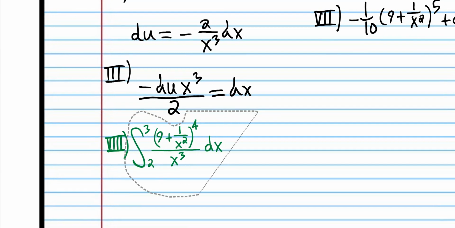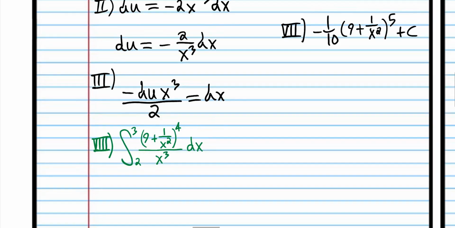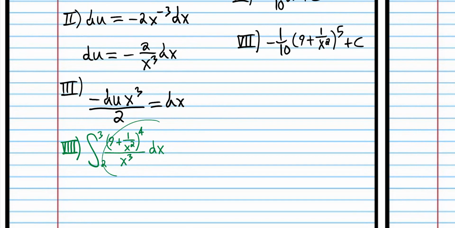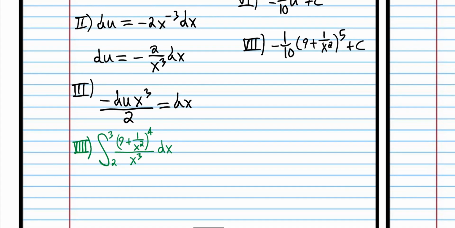So again, if we want to find the value of this integral, we use the fundamental theorem. And we don't really care what the graph looks like. The integral might be 0, it might be negative, it might be positive. We don't really care. Right now we're just learning how to find the values of definite integrals using substitution.